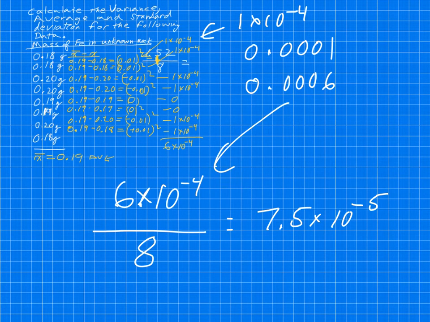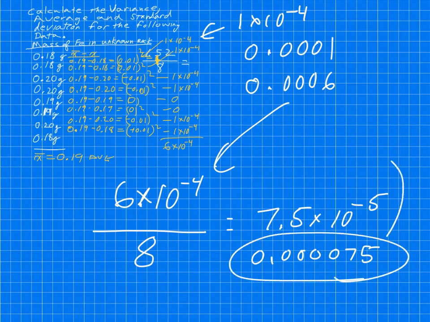So if you don't have your calculator in scientific notation mode, you should be seeing at this point 4 zeros in front of a 7 and then a 5. This is my variance. Variance is often represented with the Greek letter sigma, just FYI.